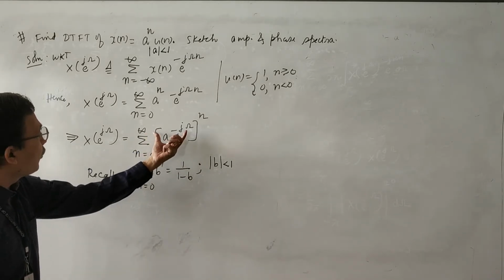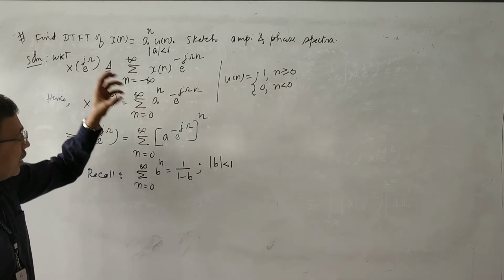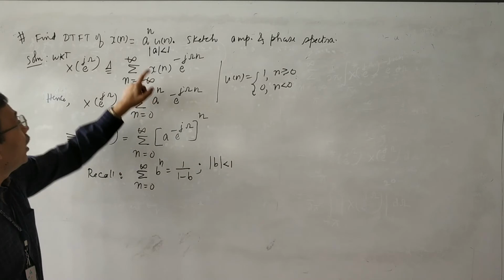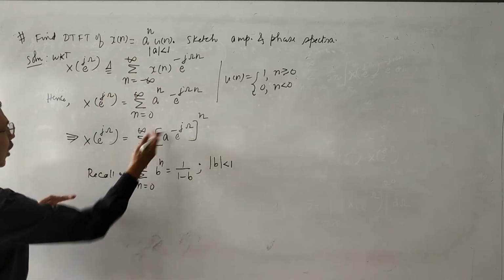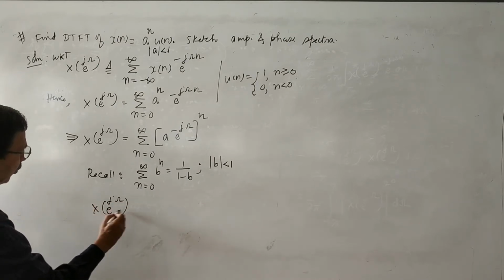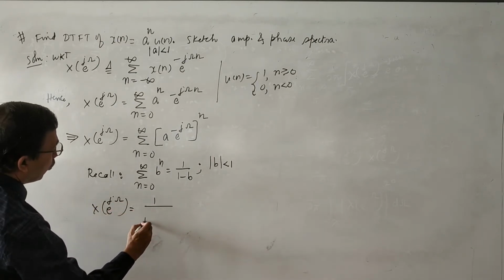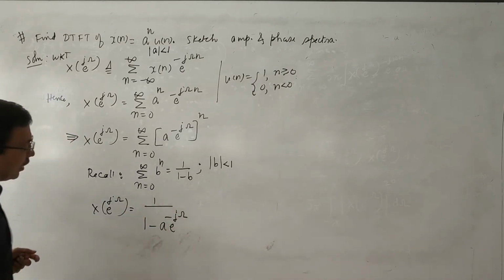Modulus of a into e to the power minus j omega shall be less than 1 only when mod a is less than 1. Very important. You apply this formula over here, that gives you x of e power j omega equals 1 over 1 minus a into e to the power minus j omega.